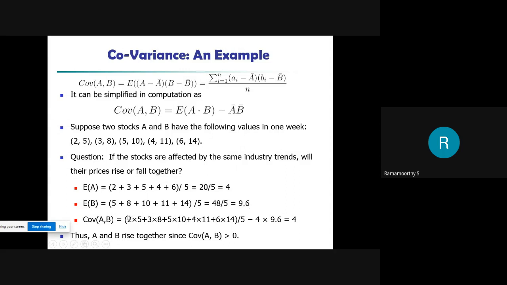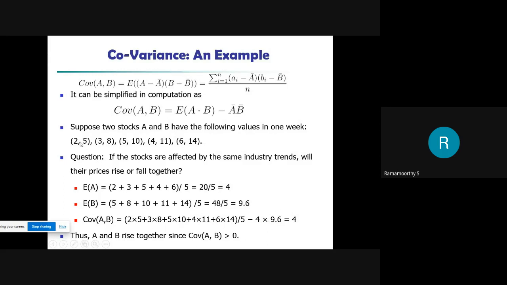Now you can compute the covariance of A comma B by taking the dot product of A and B minus A bar and B bar. What you have computed are A bar and B bar, 4 and 9.6.